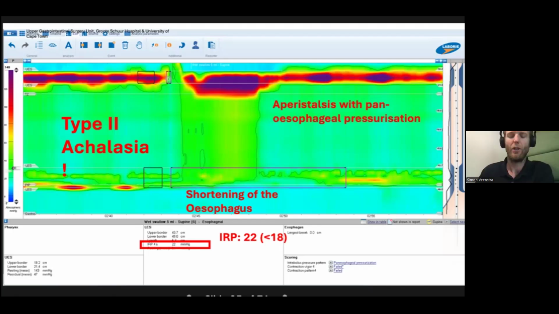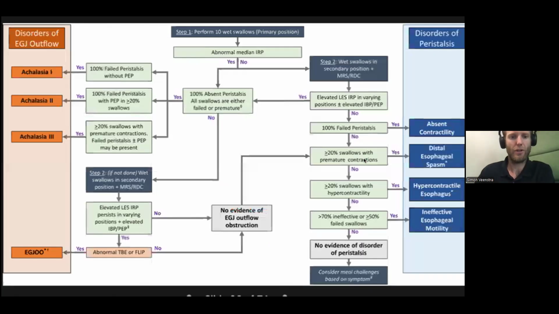So this is the Chicago 4 classification, and this is what we use to help evaluate patients with suspected motility disorders. Essentially, these disorders are broken up into disorders of esophagogastric junction outflow and disorders of peristalsis.